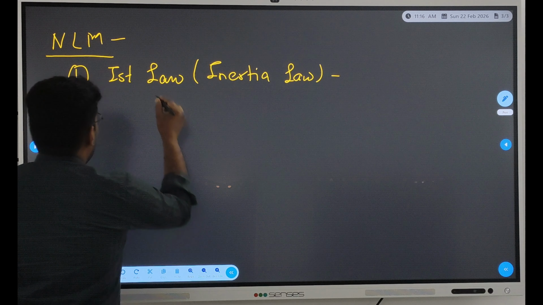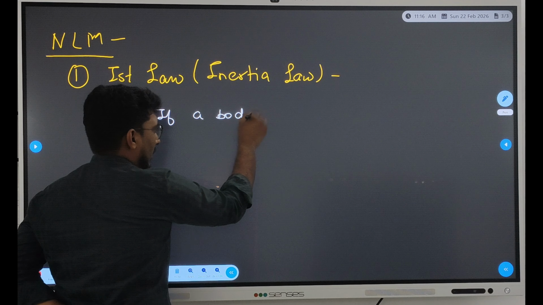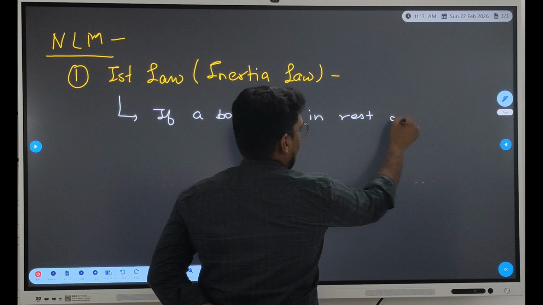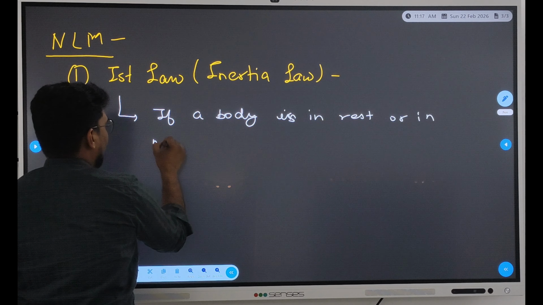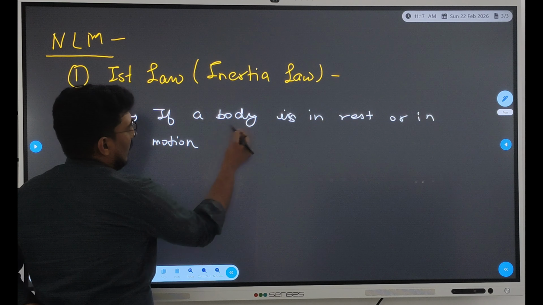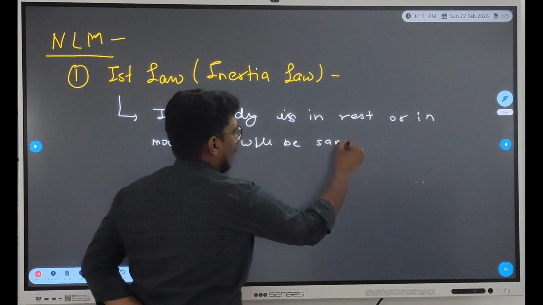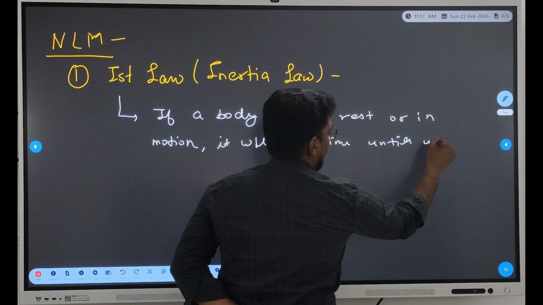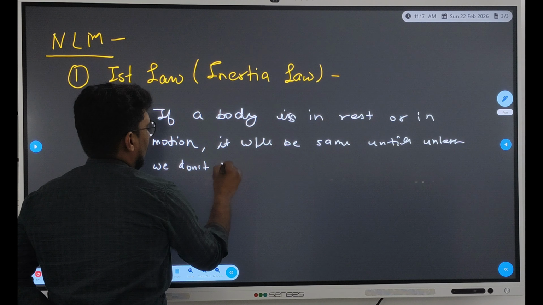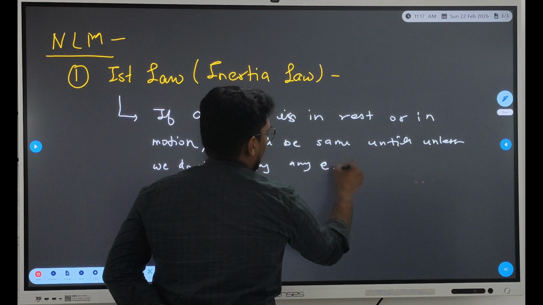See, so how will you write it? Simply, I'm writing a definition. If a body is at rest or in motion, whatever it can be, either at rest or in motion in a particular direction, it will remain the same until we apply an external force.